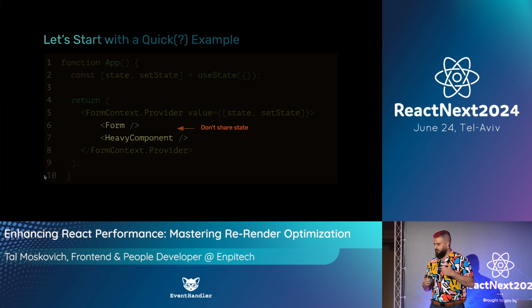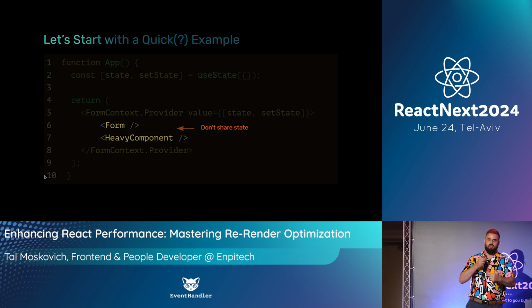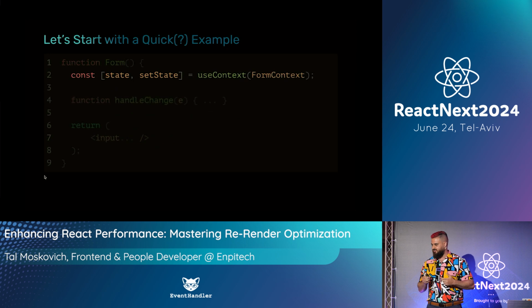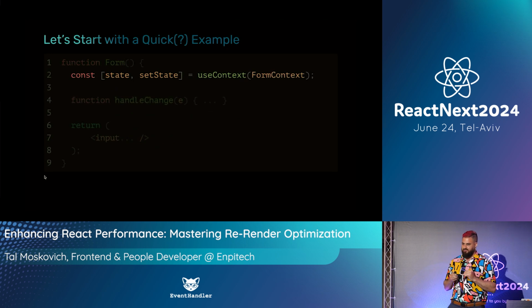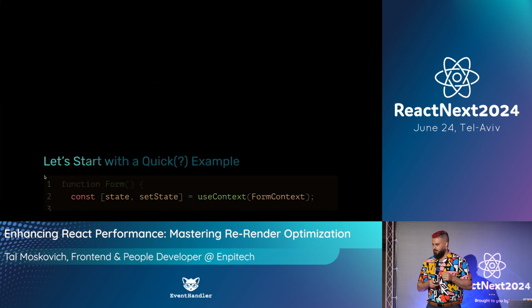The one that uses the state will be the form, and the other one that doesn't will be the heavy component. The heavy component will change the color and a random number on each render, and the form is just a basic form that uses this provider. Okay? So let's see the demo.